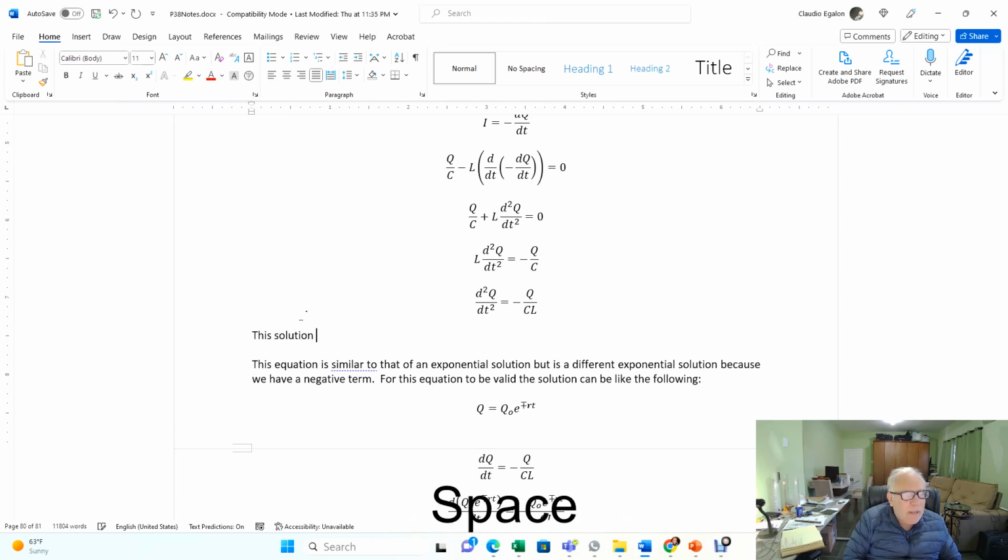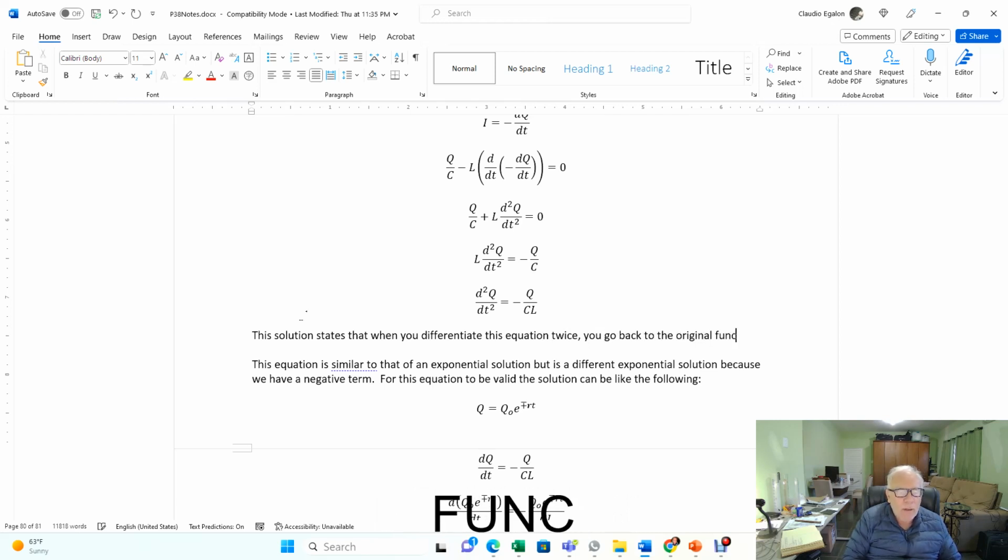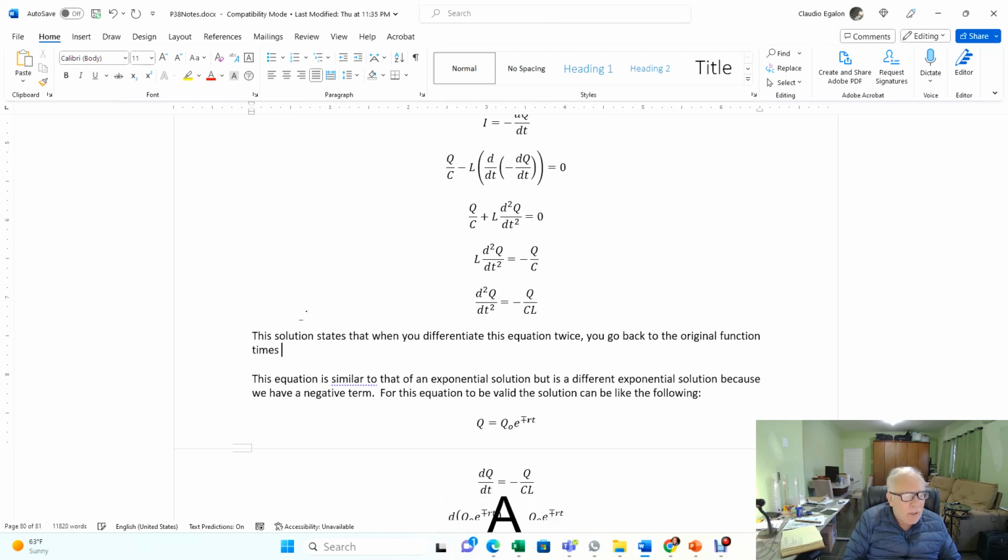The solution states that when you differentiate this twice, you go back to the original function times a constant with a negative sign.